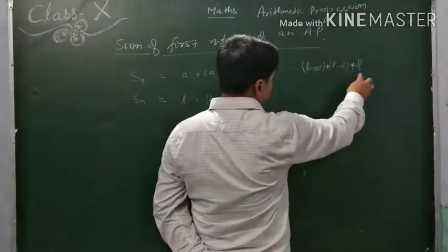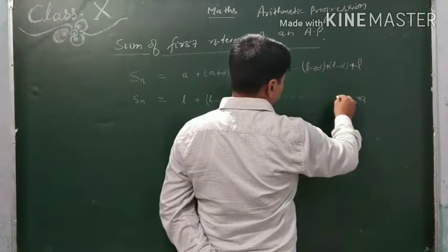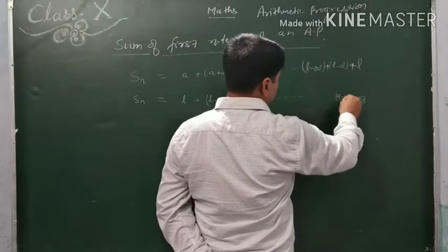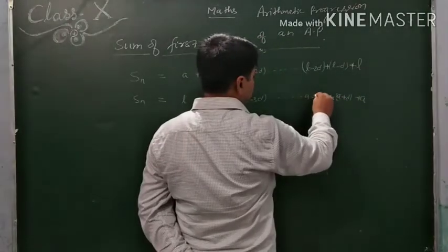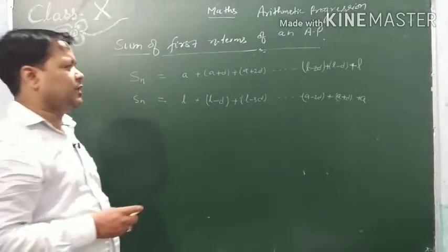Then here it will be a, the second term will be a plus d, and so on. I think you understand what I am doing.